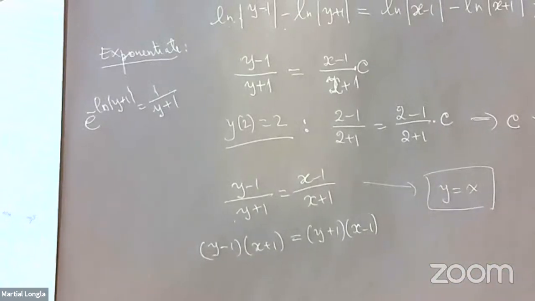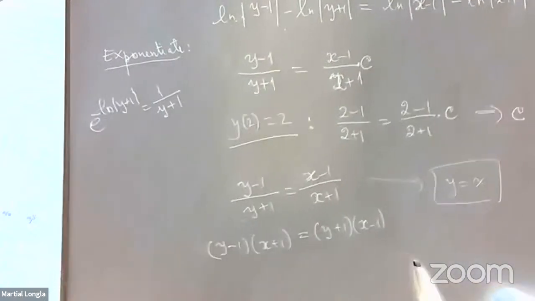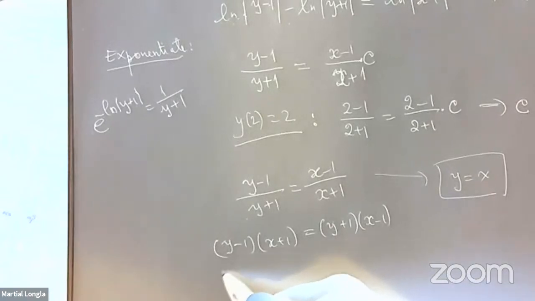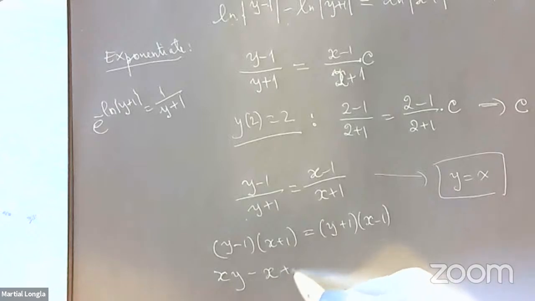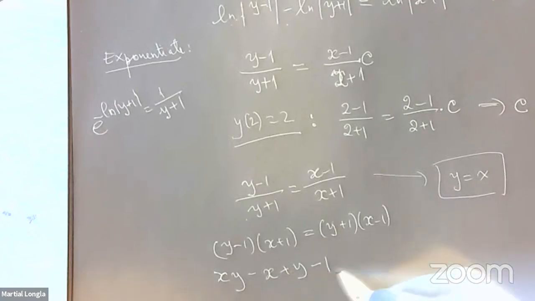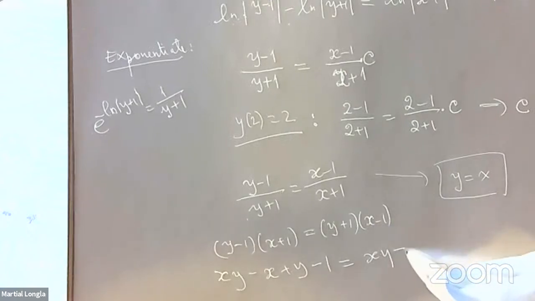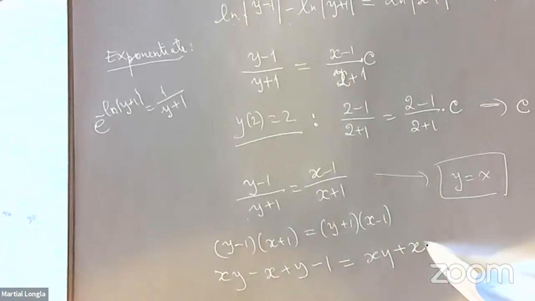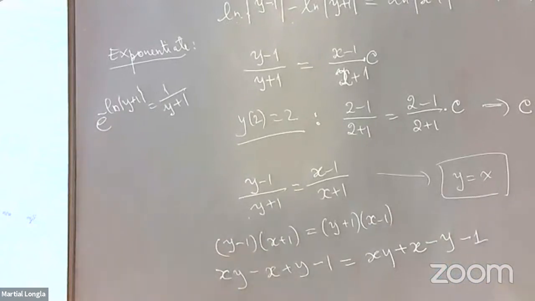xy, they cancel. Minus x stays in this, you get what? Give me a second. You get xy minus x plus y minus 1 equals xy plus x minus y minus 1, right?